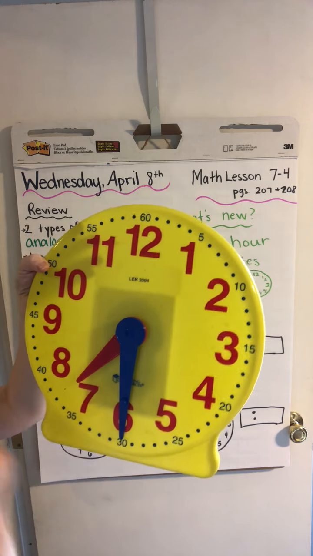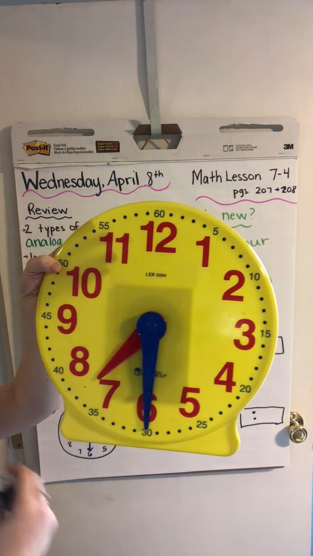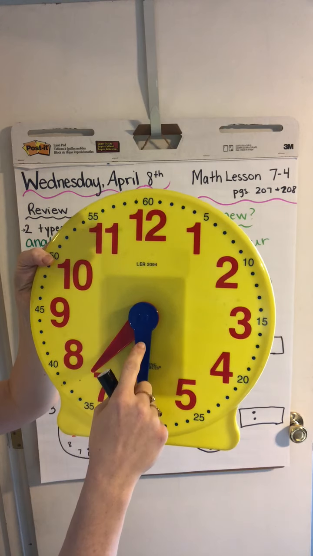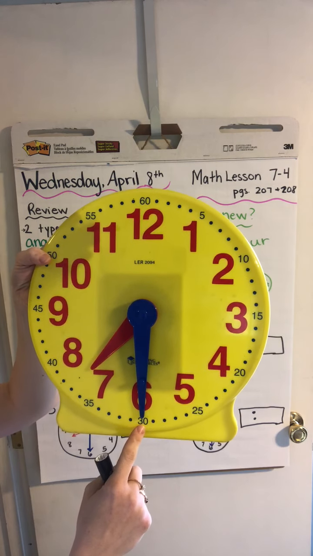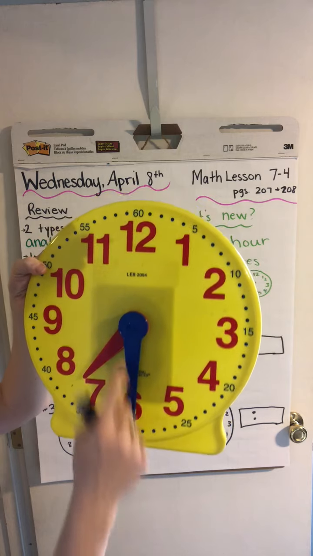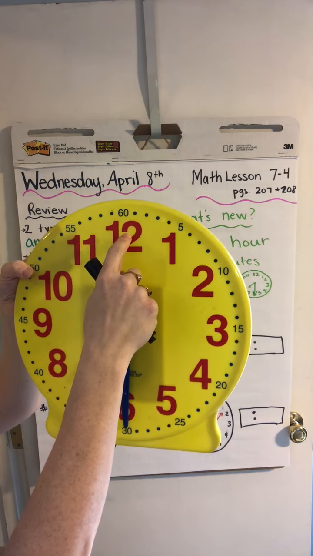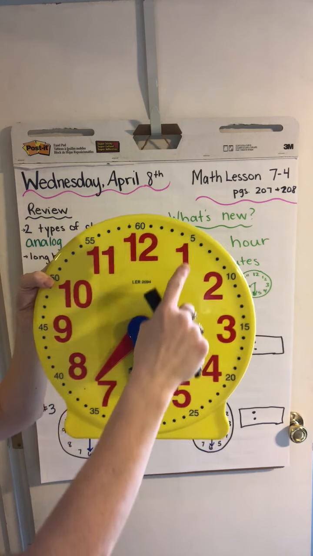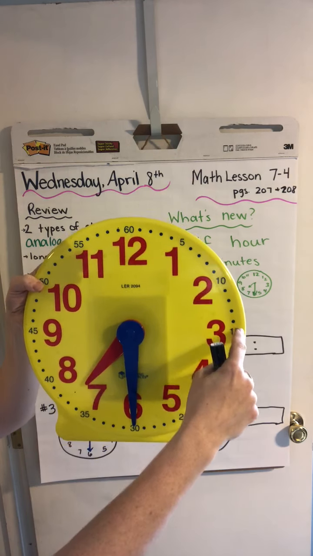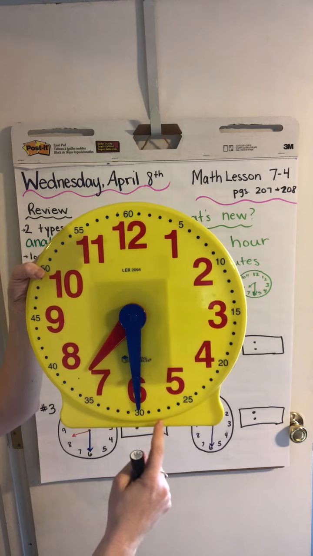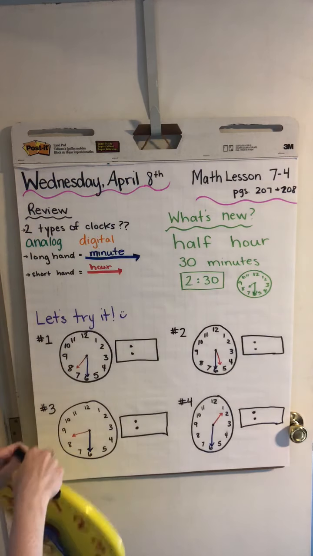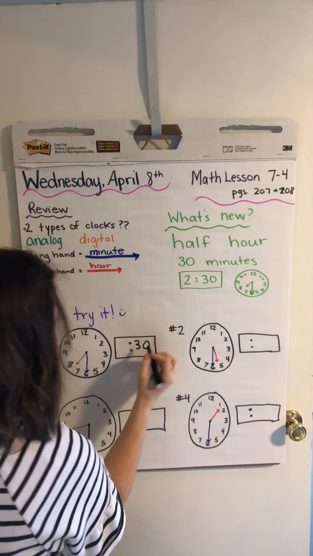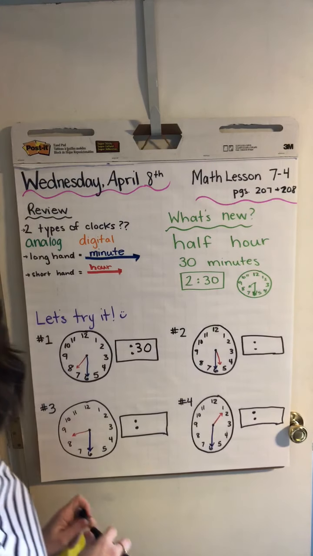So number 1 looks like this. You can figure out the hour or the minutes first, whichever is easiest for you. I like to figure out the minutes first because I know it's no longer a new hour, and I know time has passed by. So I do 5, 10, 15, 20, 25, 30. Our minutes are 30, and those go to the right of that symbol.